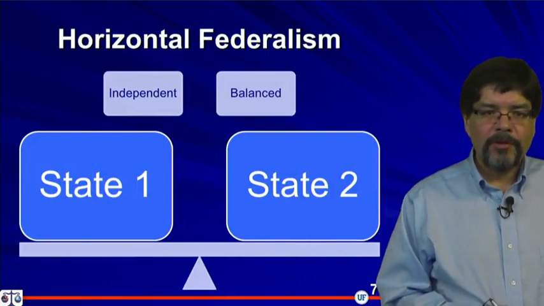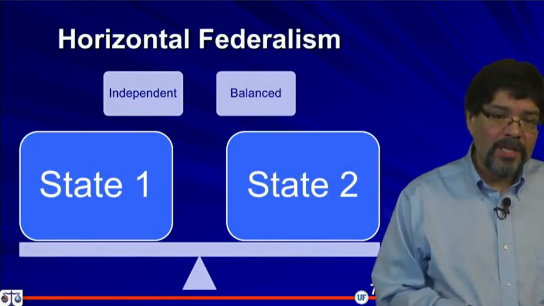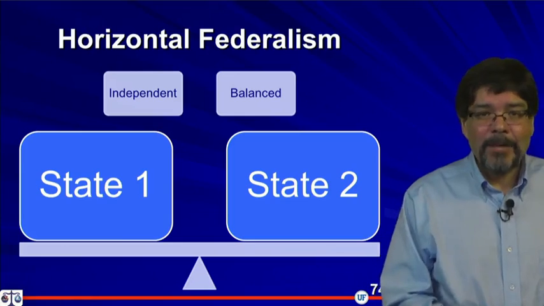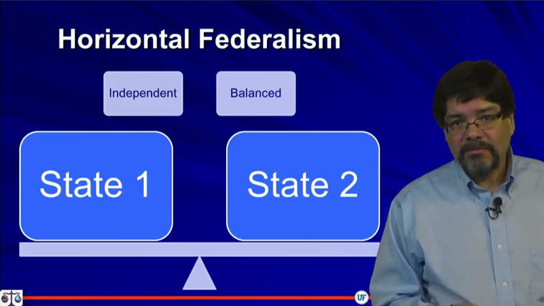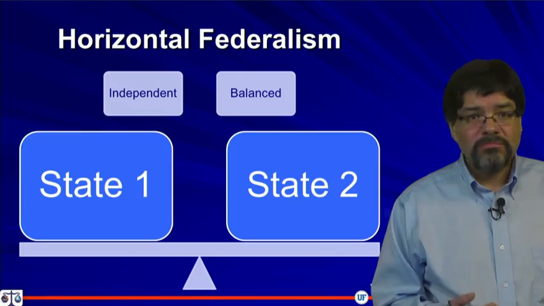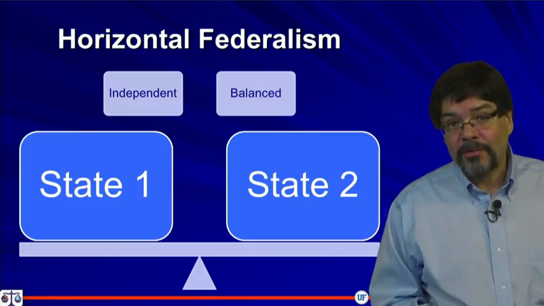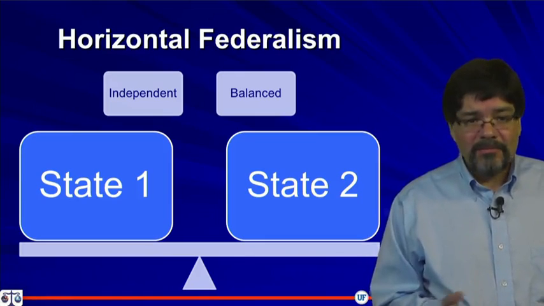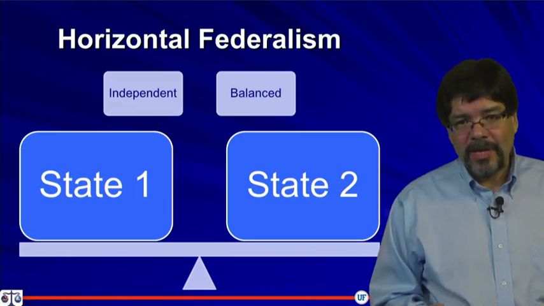As to horizontal federalism, it means that each state within its own territory is independent, has independent legal authority, certainly independent of every other state, and that each state is entitled to equal power, at least within their territory, and that they are to be in a legal balance, shall we say.